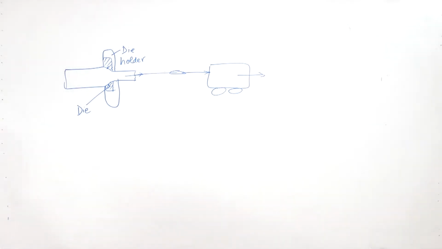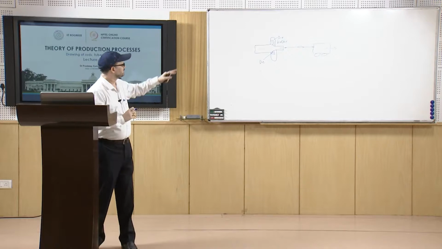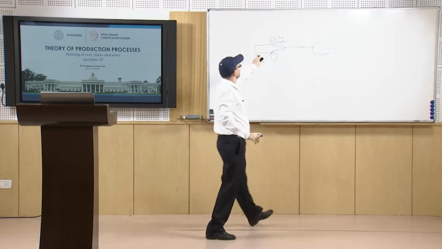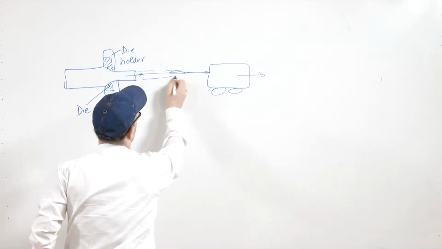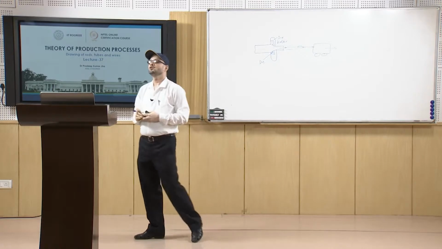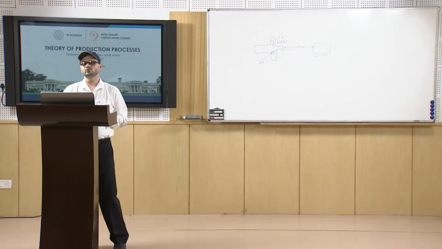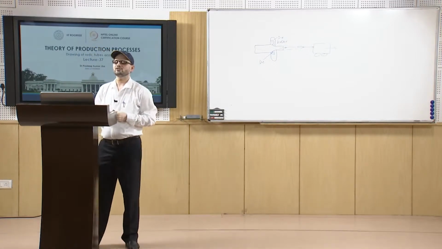So, that's how you have the die holder, and then with the jaw you grip this whole rod, and then you further pull it. So, that's how you try to do these drawing operations.